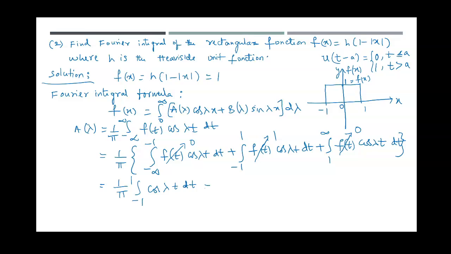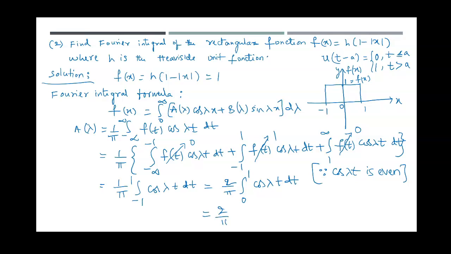This is similar to the integral of the previous question. So here 1 by pi, again you can write this as 2 by pi integral 0 to 1 cos lambda t dt, since cos lambda t is an even function. By the definite integration formula, we can write like this.